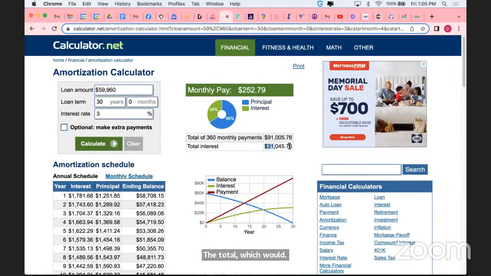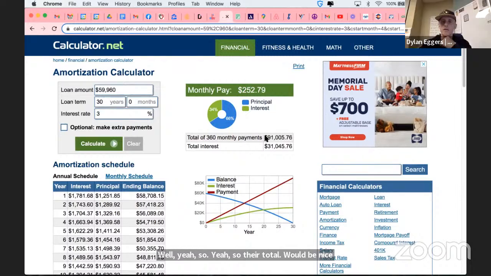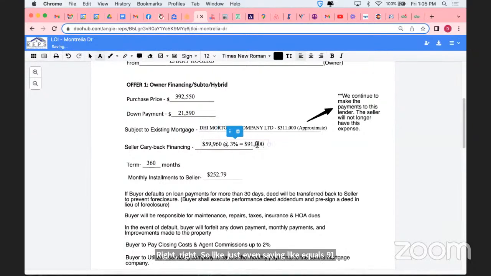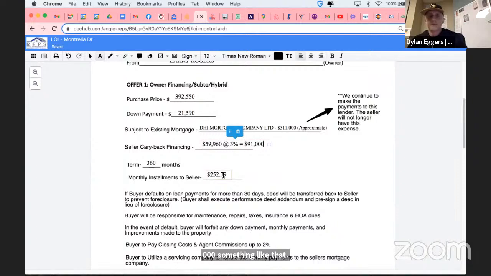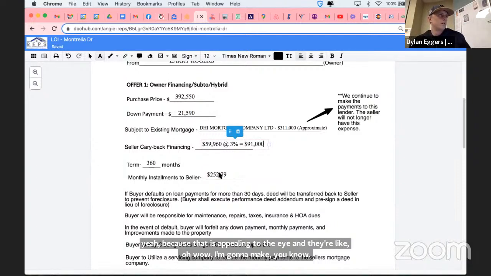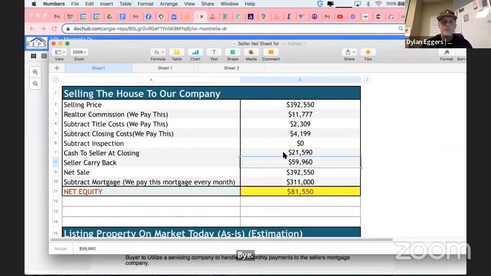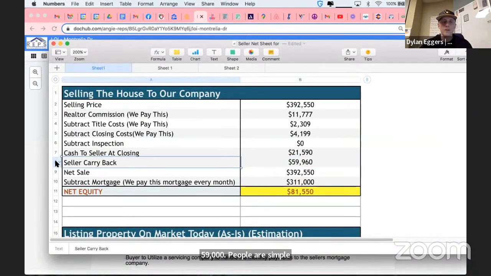Well, yeah, so their total would be $91,000. Right. So just even saying equals $91,000, something like that. Yeah, because that is appealing to the eye, and they're like, oh, wow, I'm going to make a lot more money than that $59,000. Yeah, you have the right thought process too.